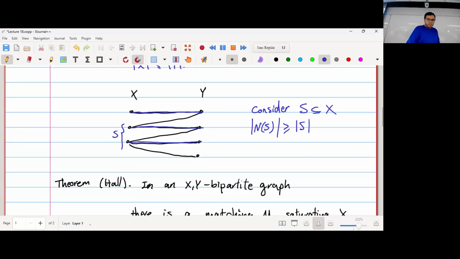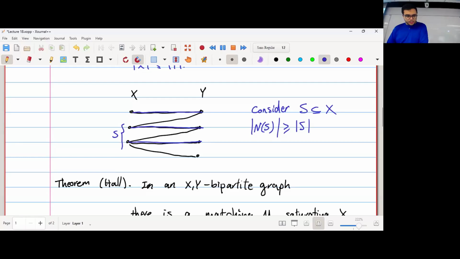That's my intuition. But of course I have to prove that it covers all of X. So this is what I want to do. I want to say, suppose this condition holds, I want to take the maximum matching, or if there are several, I want to take one of the maximum matchings. And I want to say that it definitely covers all of X.